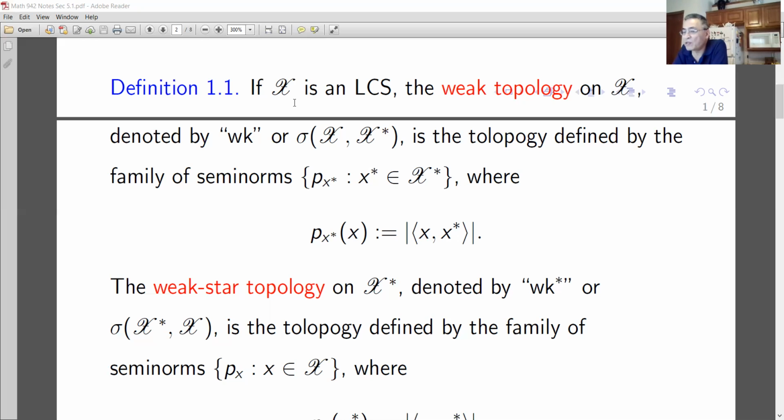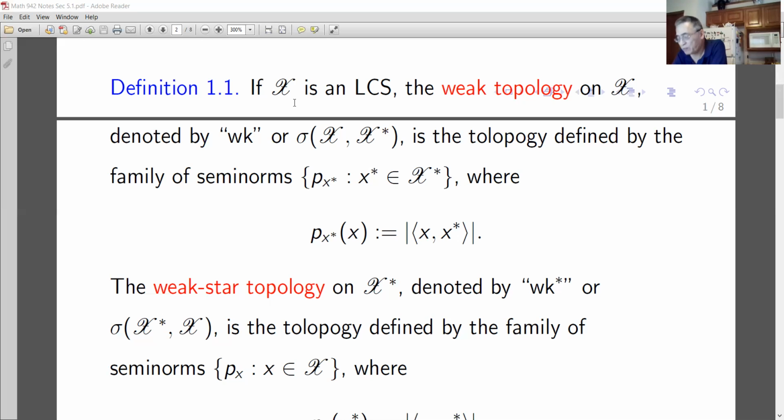And in general, the weak star topology is different from whatever topology on X star arises in some way.